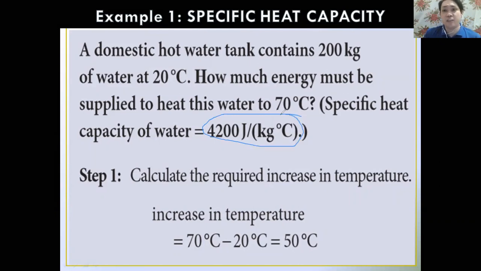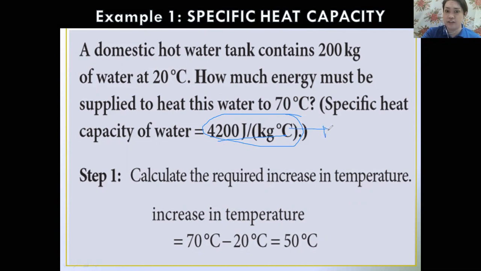So the first thing that we are going to do to solve, again, we have to identify what we know and what we want to know. In this given, you have the specific heat capacity, which is 4,200 joules per kilogram degrees Celsius.